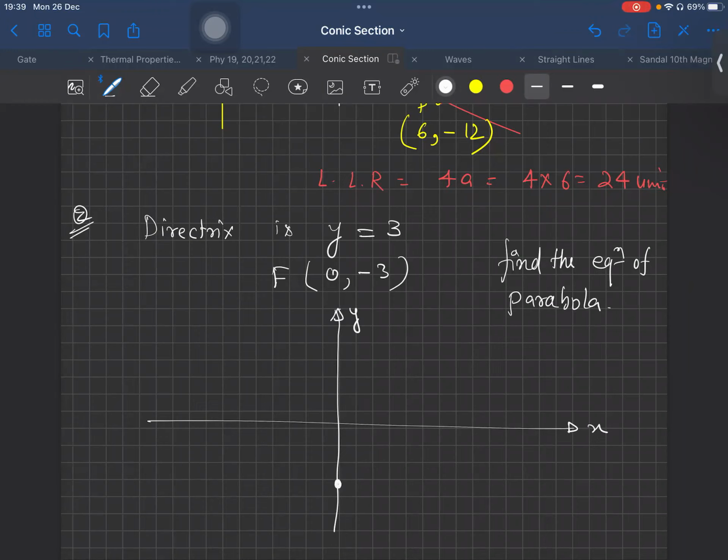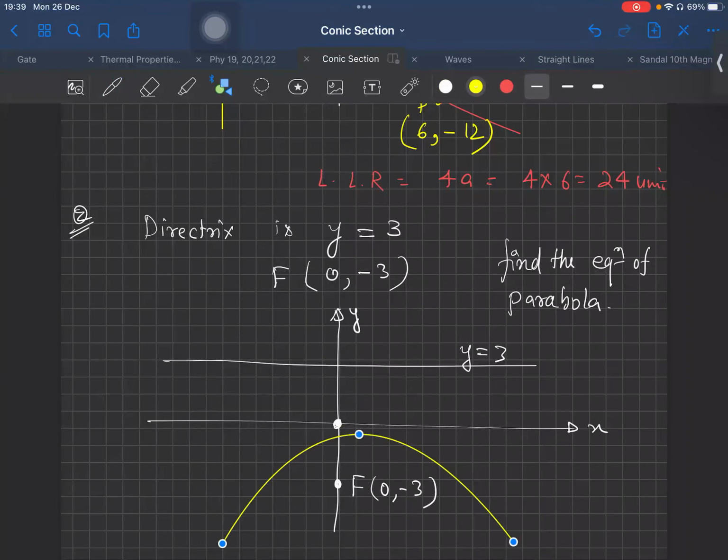That means somewhere here is the focus 0, minus 3. If the focus is on this side, the vertex is here, and the directrix is given on the positive side, y is equal to 3. This is the directrix. That means the origin will be the vertex. So the parabola will be mouth opening downward. So this is the parabola we are looking for.